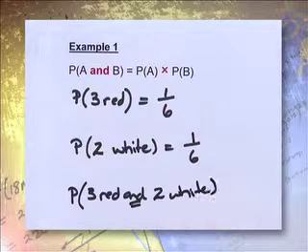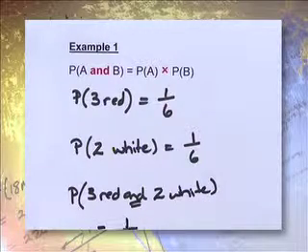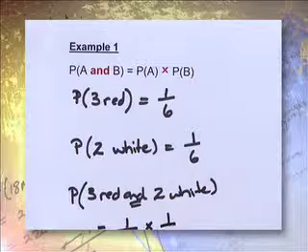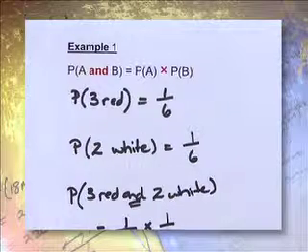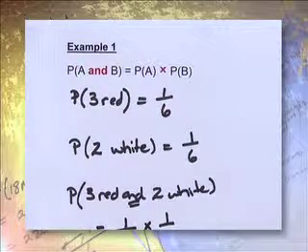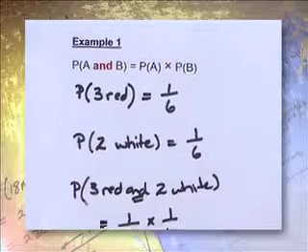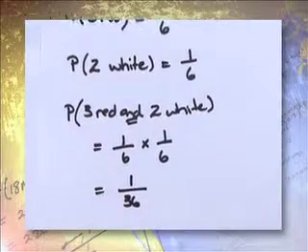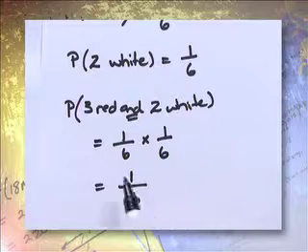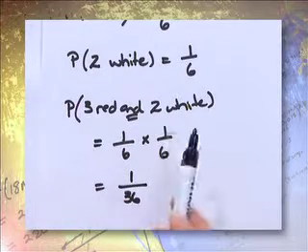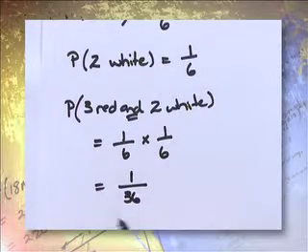Our two independent events is going to be 1/6 multiplied by 1/6. If we multiply those two, it's going to give you 1 over 6 sixes are 36. So that is the probability of scoring a 3 on a red and a 2 on a white, 1 over 36. Right, let's have a look at another example.